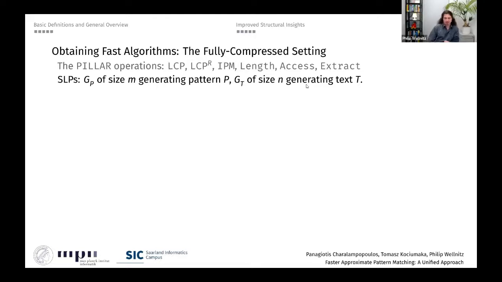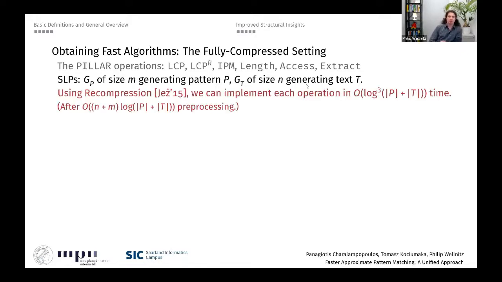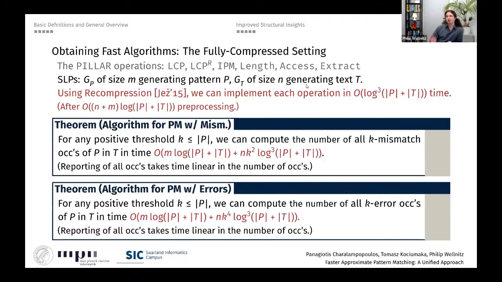Again, quickly recall, here we're given a text and a pattern as SLPs.